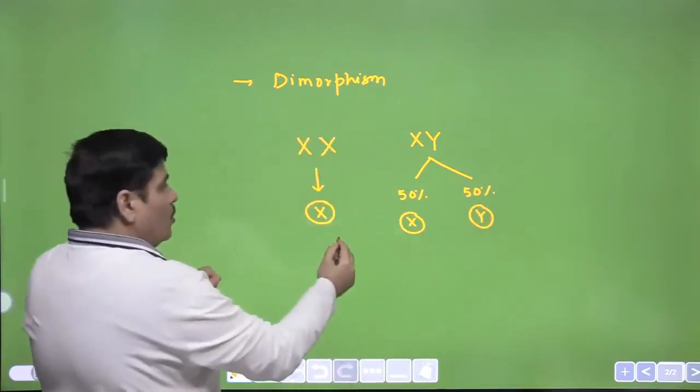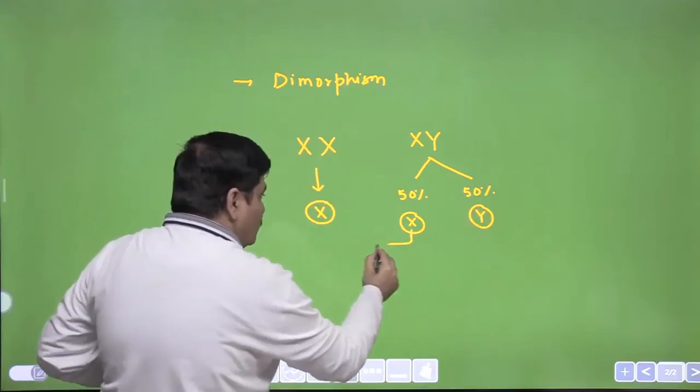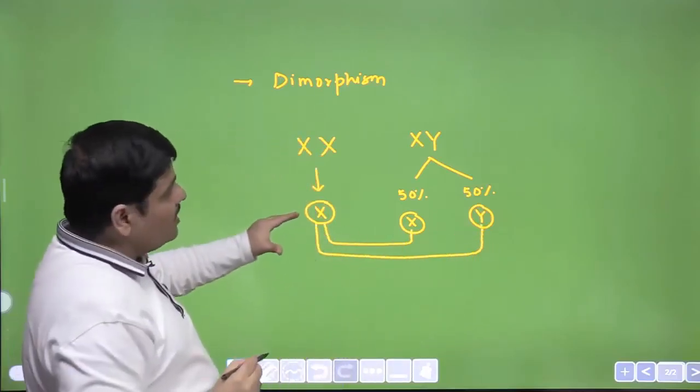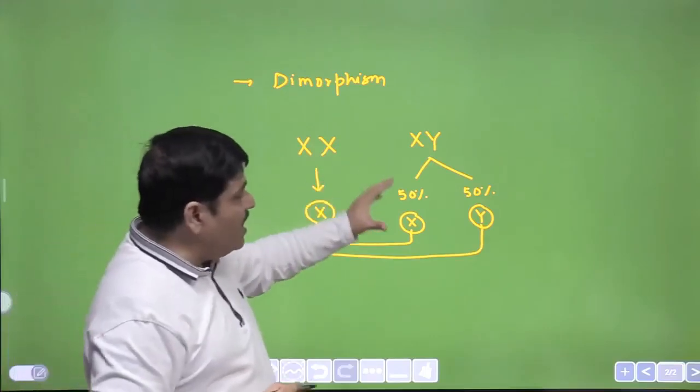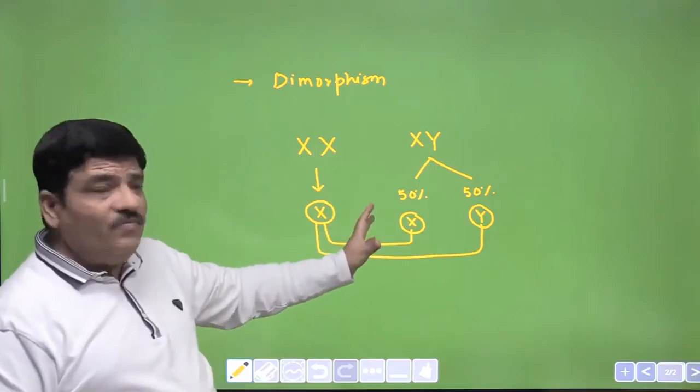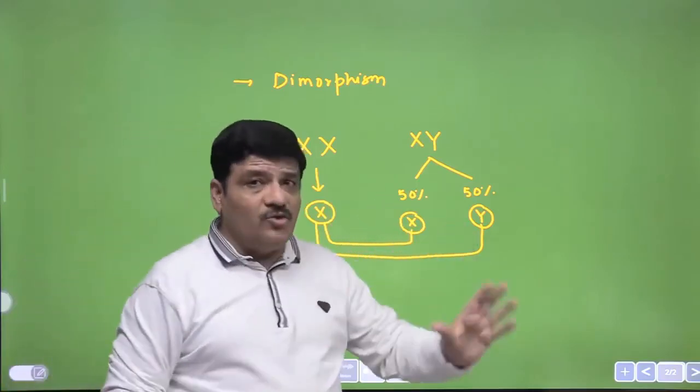A natural corollary is that the sex of the baby will be decided by the type of the sperm that is fertilizing the ovum. It will be male if it is fertilized by a Y chromosome-bearing sperm, and female if it is fertilized by an X chromosome-bearing sperm.